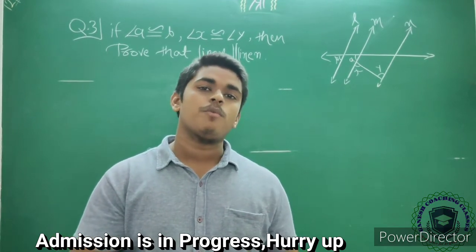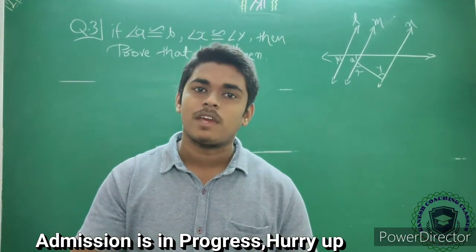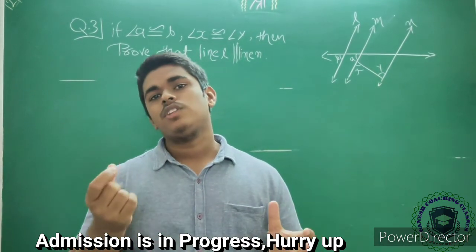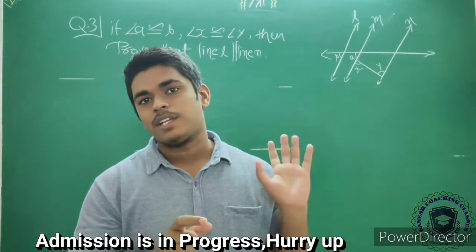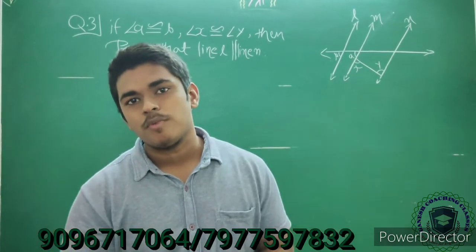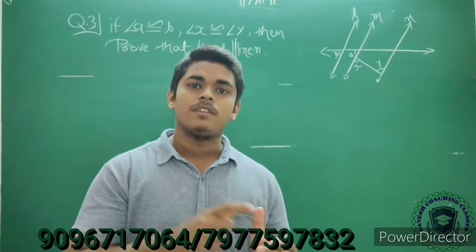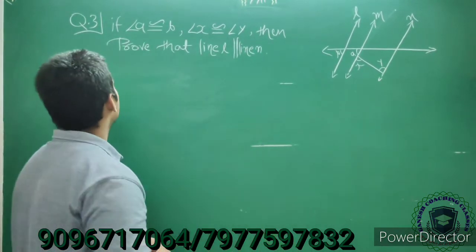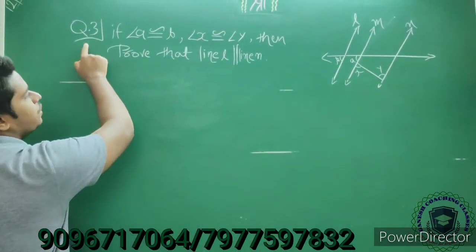In practice set 2.1, we were given parallel lines and had to find values using the properties of the angles, but here in most problems we have to prove whether lines are parallel or not. In practice set 2.2, we have completed up to question number 2.